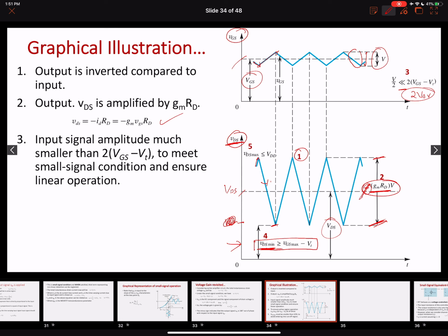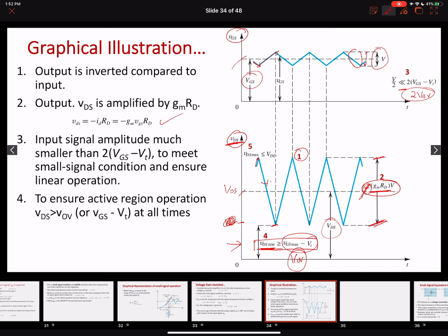Otherwise, the transistor will enter into the triode region and the negative peaks of the output VDS will be heavily distorted, right? Then we have a fifth point: the maximum value of the output voltage should be less than the supply voltage VDD. This will ensure that the transistor will not cut off.